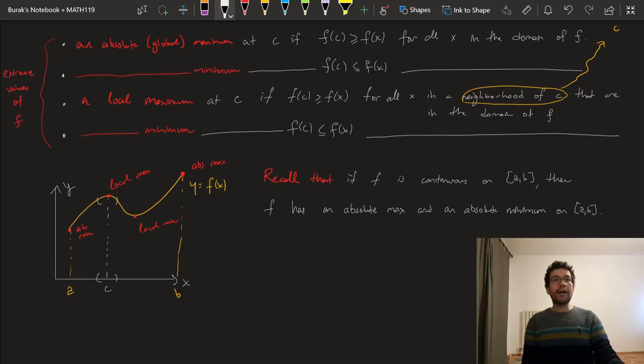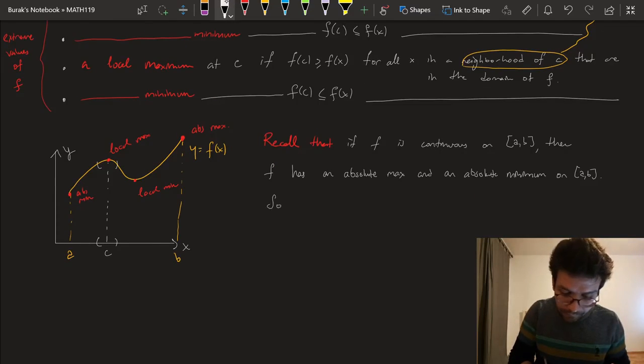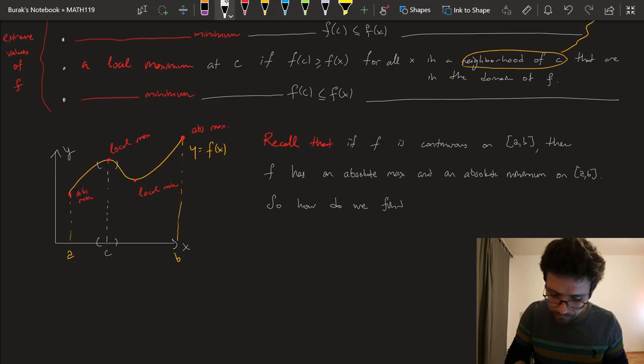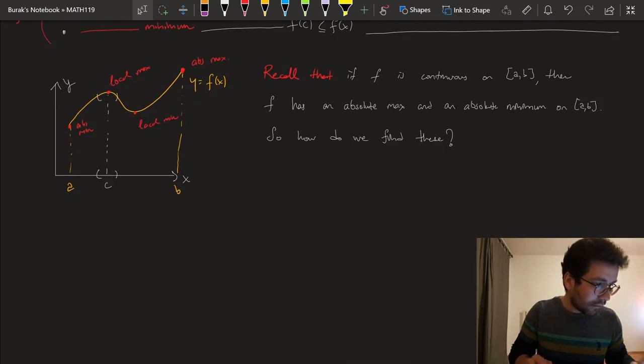Let's try to find these values. How do you find these? So how do we find these?